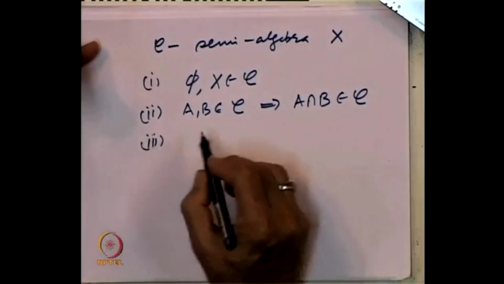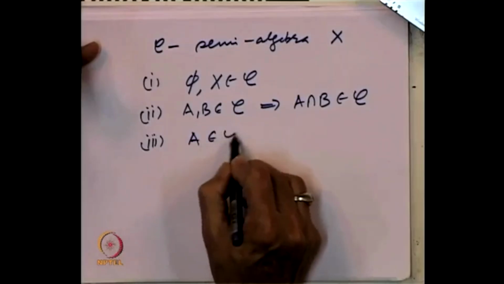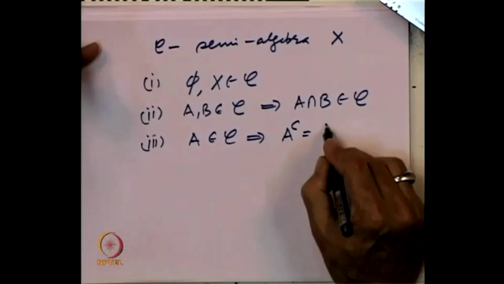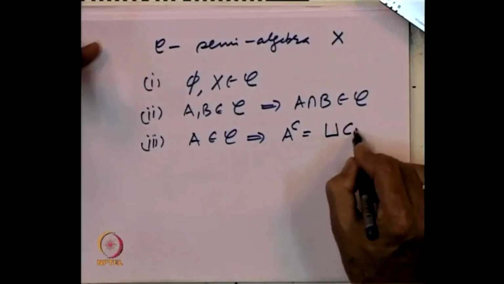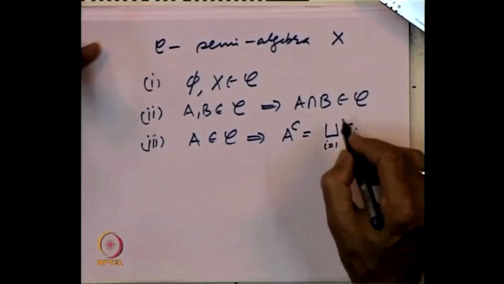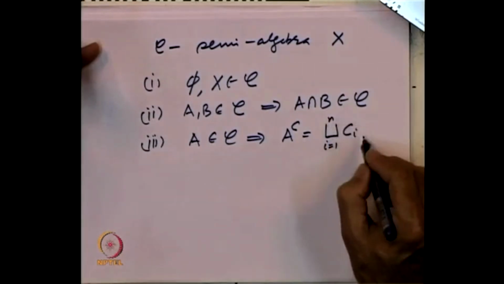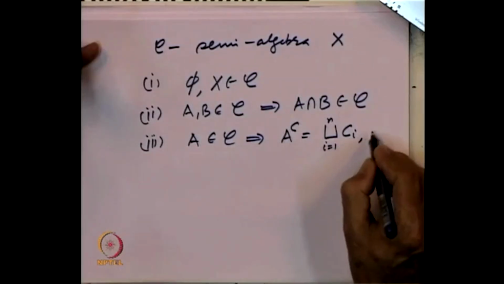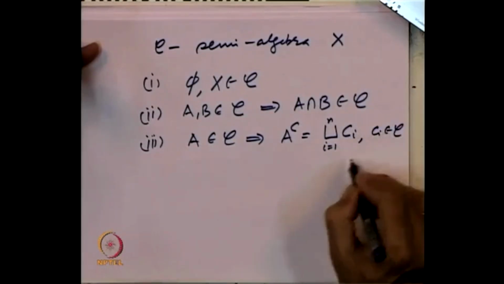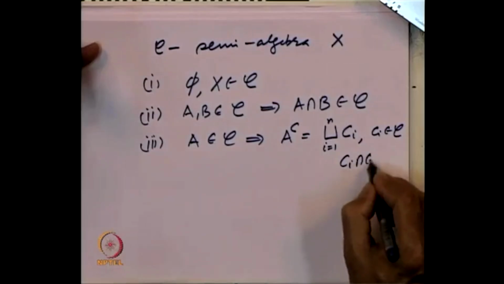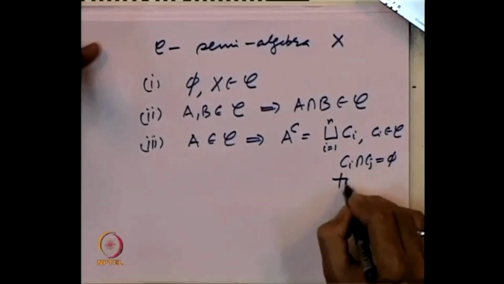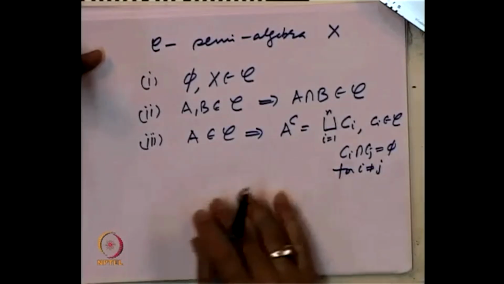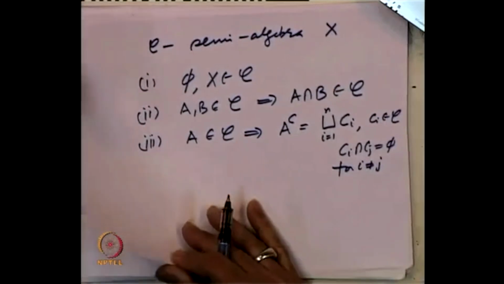And third property was that if A belongs to C, then A complement can be represented as a finite disjoint union of elements of the class C. That is, A complement is a union of elements Ci where each Ci belongs to C and Ci intersection Cj is empty for i not equal to j. So such a class was called a semi-algebra of subsets of X.